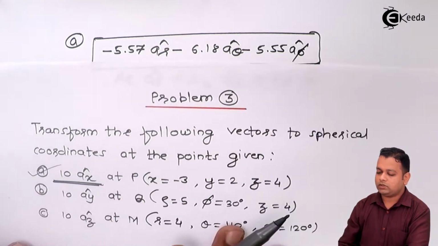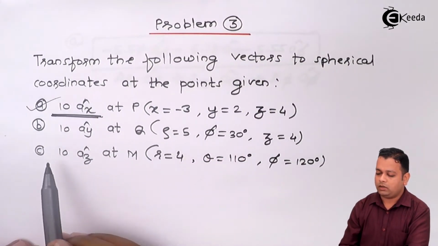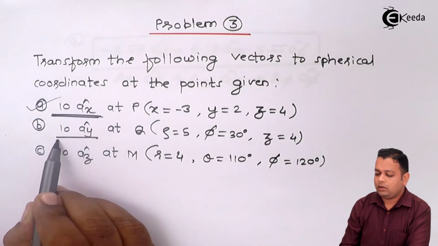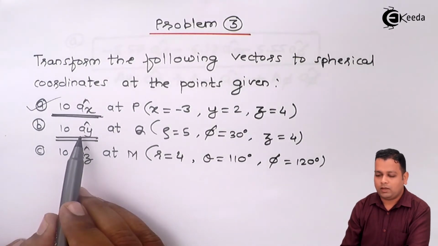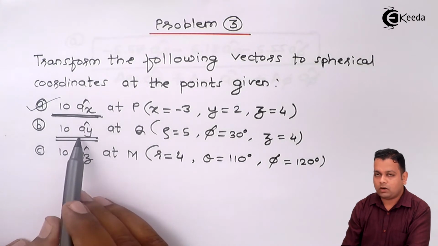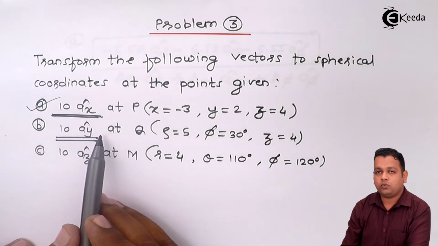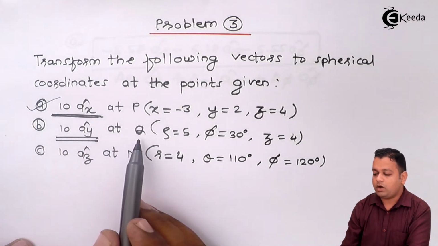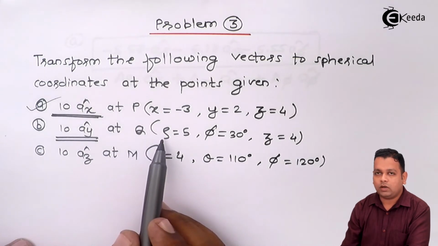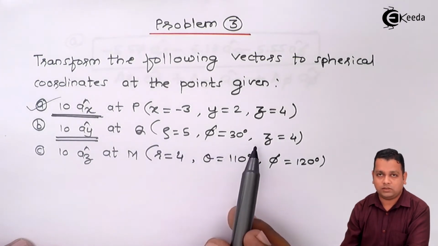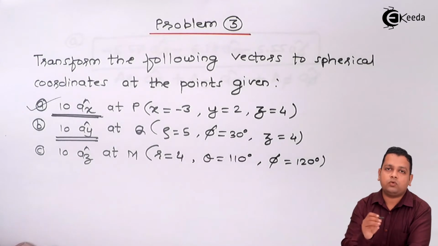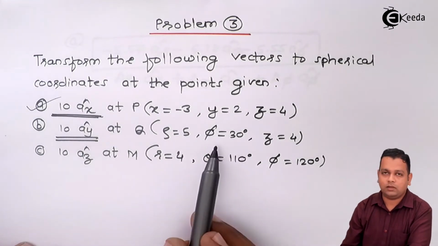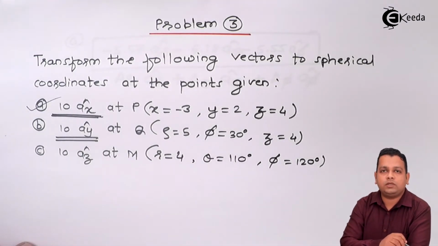So now let us concentrate on the B part. The vector is given as 10 AY cap, again in the rectangular coordinate system, but we have to evaluate the value at point Q, which is given in terms of rho, phi and z. Whenever rho, phi and z are given, it means it is the representation in cylindrical coordinate system.